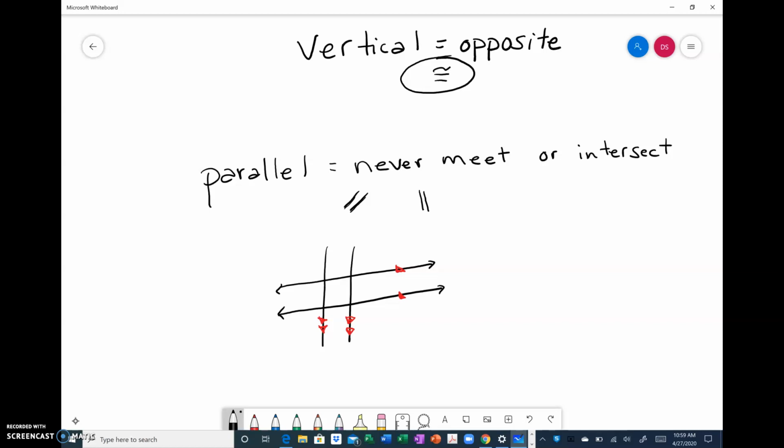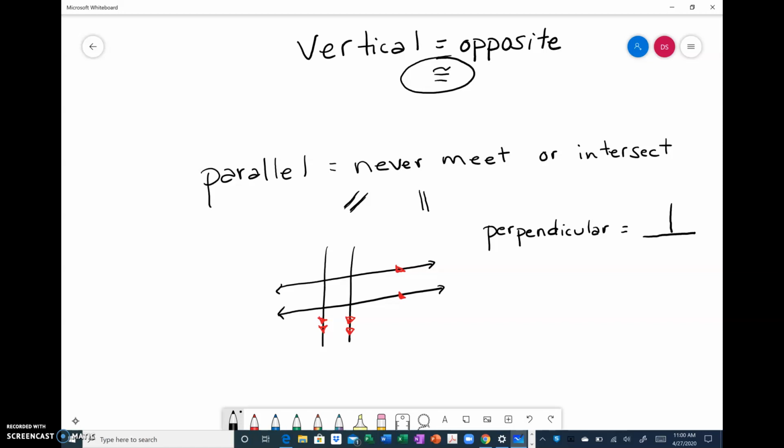And then the other type is perpendicular. I have to look how to spell it. Perpendicular. And the sign for perpendicular is two lines that are perpendicular, okay? They intersect one another at a right angle.